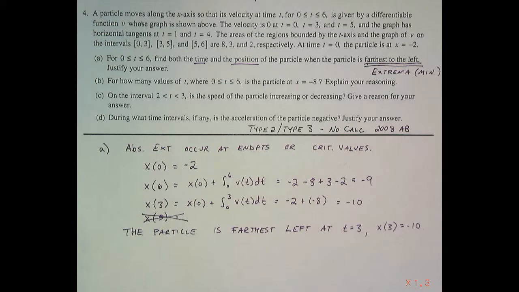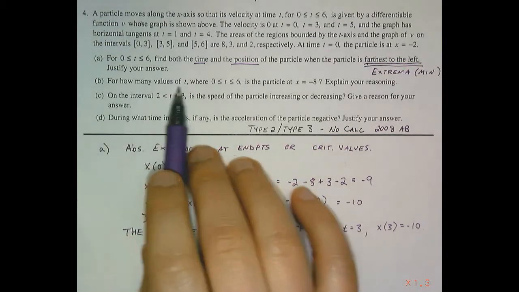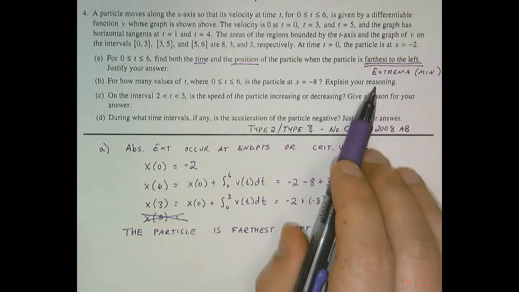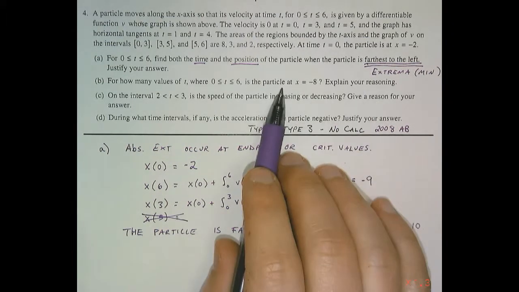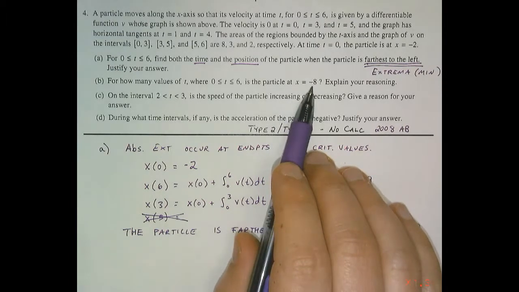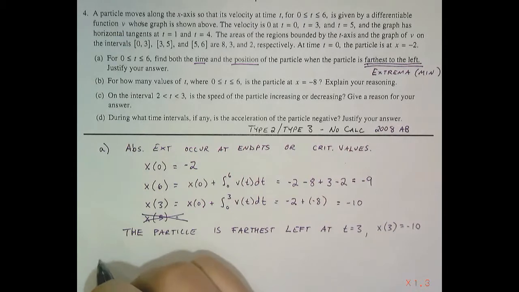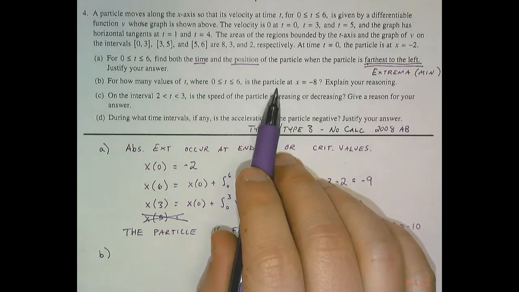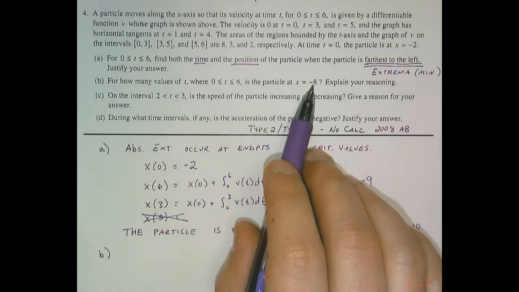All right, moving on to part B, it says for how many values between 0 and 6 is the particle at negative 8? Explain your reasoning. So it looks like we're looking for the existence of a position of negative 8. And we'll turn to our existence theorems for this, specifically the existence of x of t equaling negative 8.